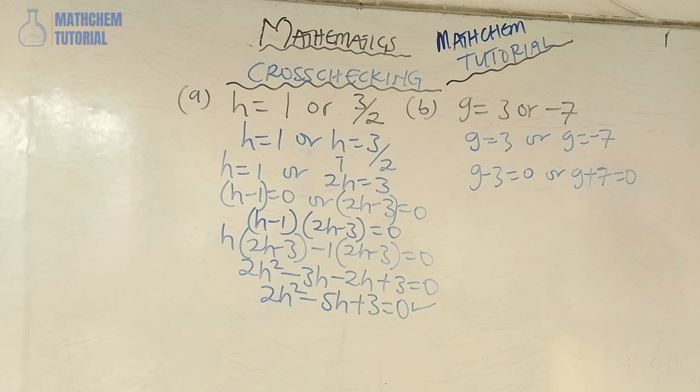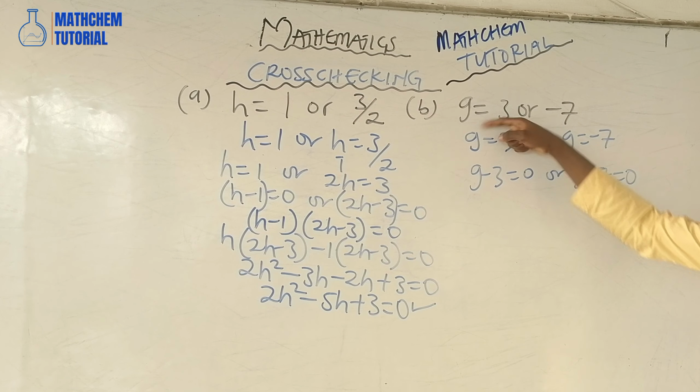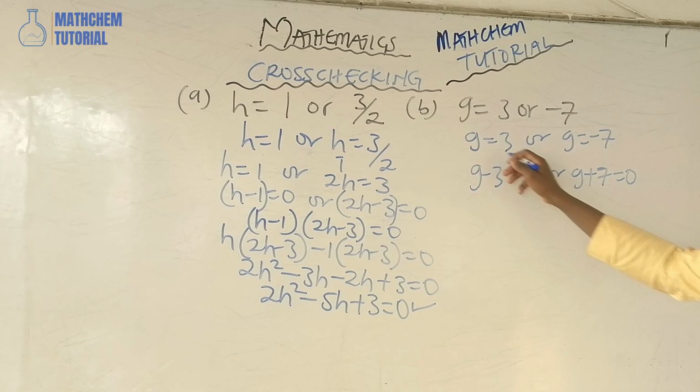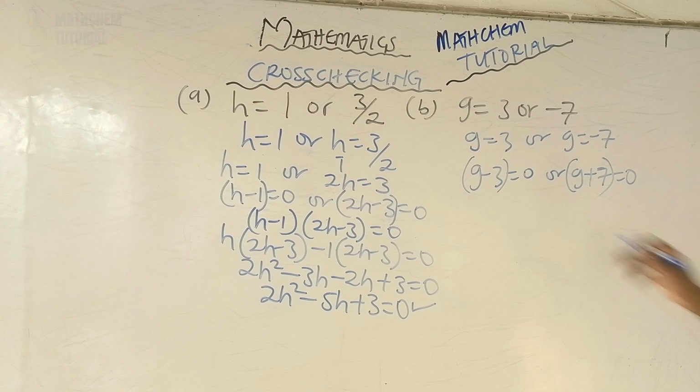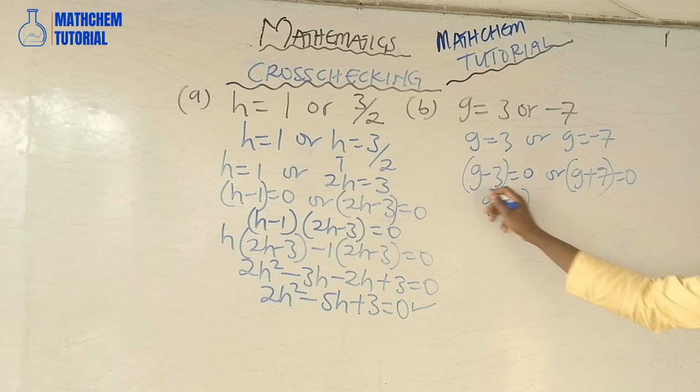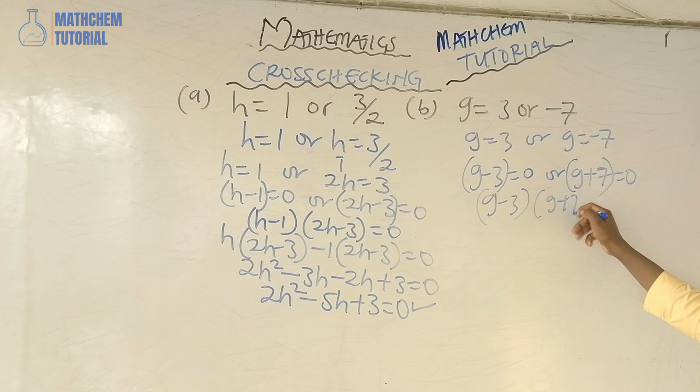I only rearrange it because this minus 7, when it comes here, changes to plus 7 equals to 0. And when this plus 3 goes over to this place, it changes to minus 3. Then I will multiply the both together: g minus 3 multiplied by g plus 7, they are both equals to 0.